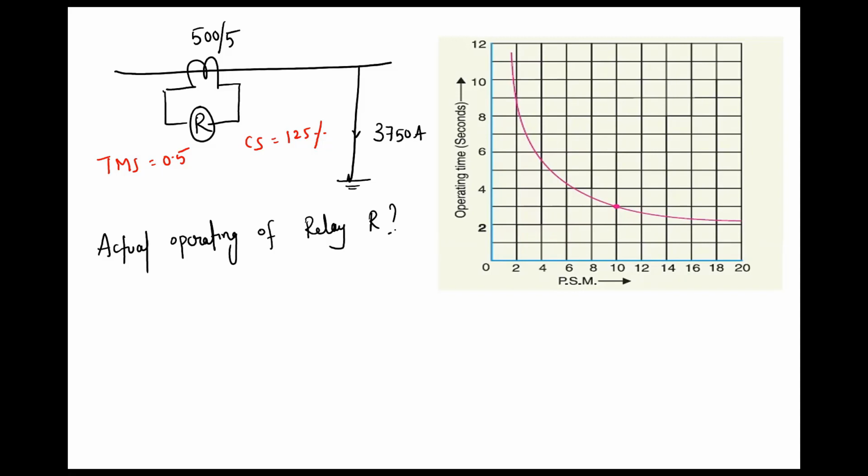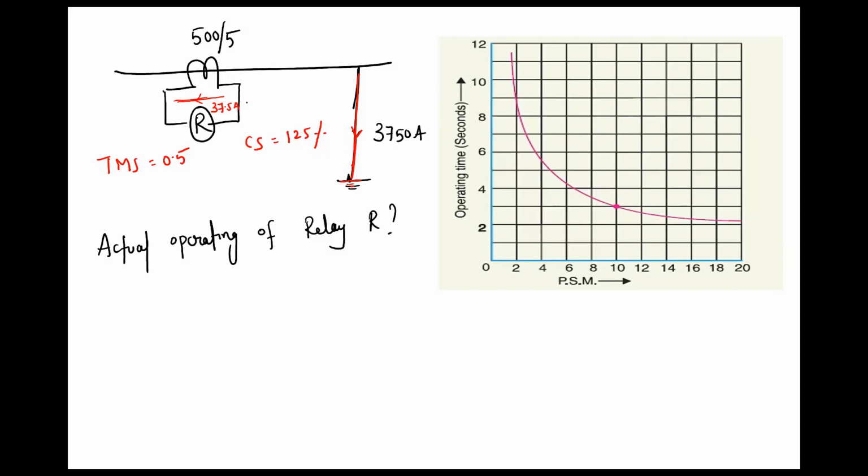So first, you should know what the fault current is. What is the fault current in the main line? 3750 is my fault current. Then what is the fault current flowing through the relay? 37.5 is my fault current through the relay.